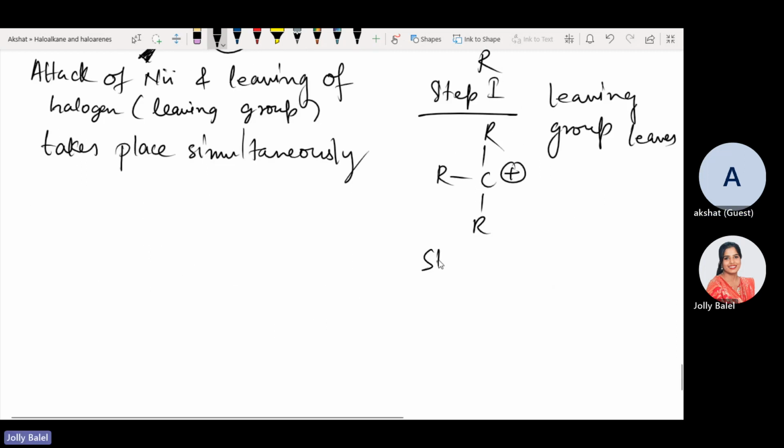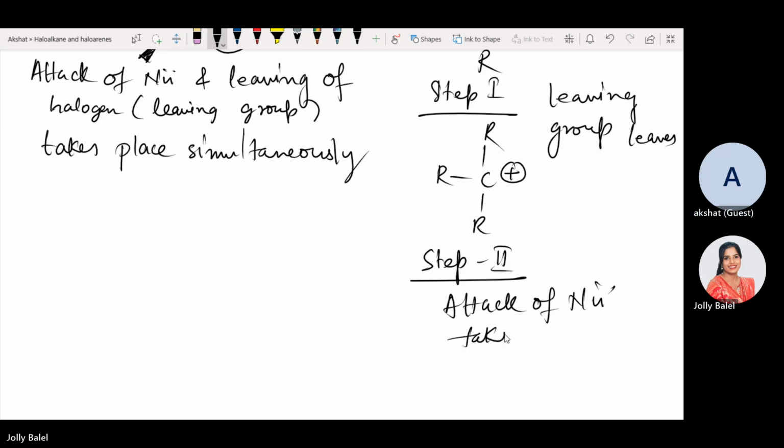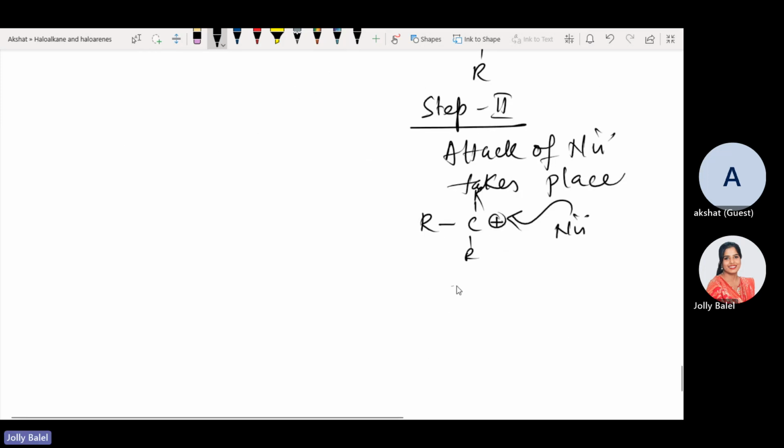In the second step, the nucleophile attacks the carbocation and the product is formed.